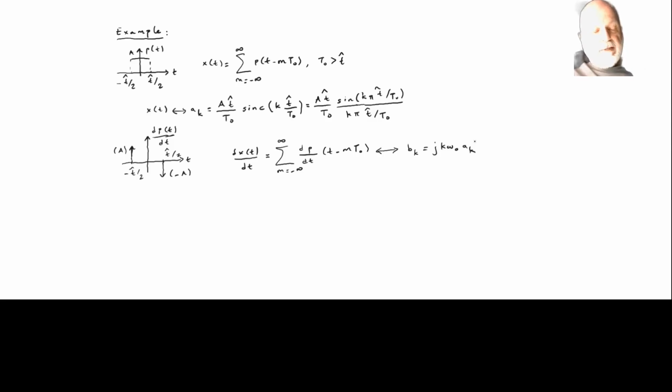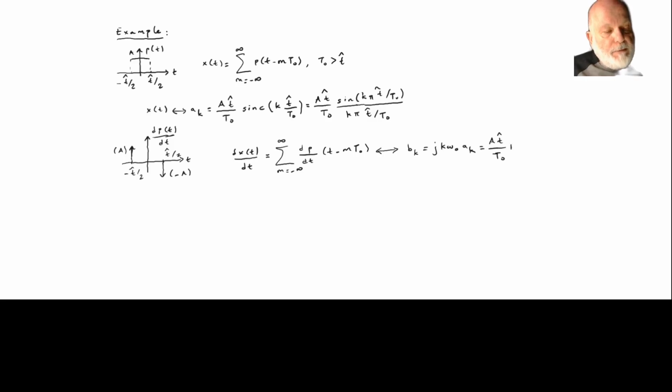Okay, so how can we calculate bk explicitly? So we have, in fact, A T cap over T0 is the constant term in ak.